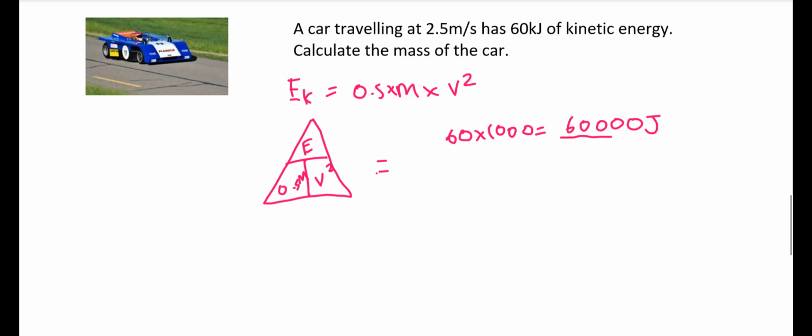So I want to do 60,000 divided by 2.5 squared. In other words, 60,000 divided by 6.25, because 2.5 squared is equal to 6.25.